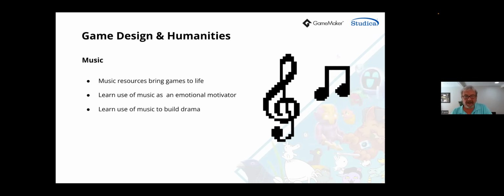The second area of game design, I think, in the humanities, is music. Music is such an important part to a game. If you've ever tried to watch a movie without music and sound, a lot of the emotional motivators are right there within the music. The music resources bring the games to life.